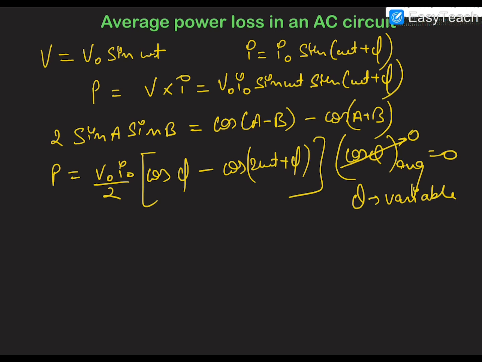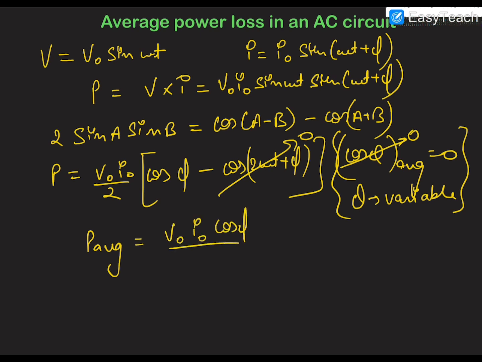So the average value of any constant function will be the same value as that function actually has. So the average value of this function will be 0, because theta is variable and depends on time. So in a full cycle, the average value will be 0. So the average power loss in an AC circuit will be V naught I naught cos phi by 2.